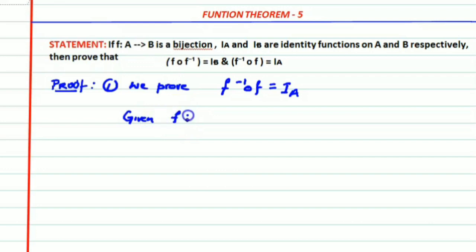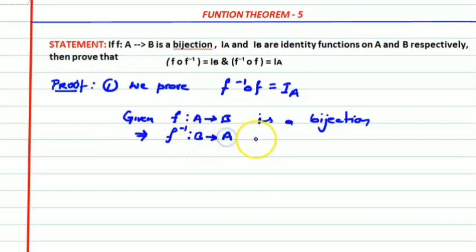So first of all, consider, since given f mapping from A to B is a bijection, this implies f inverse, the inverse function of f, mapping from B to A is also a bijection.